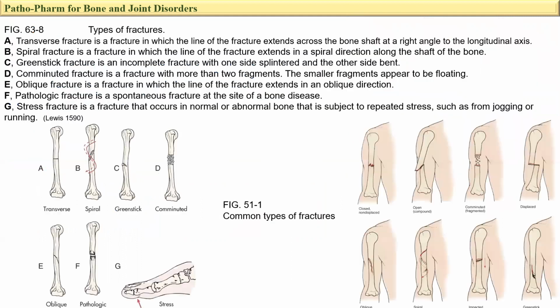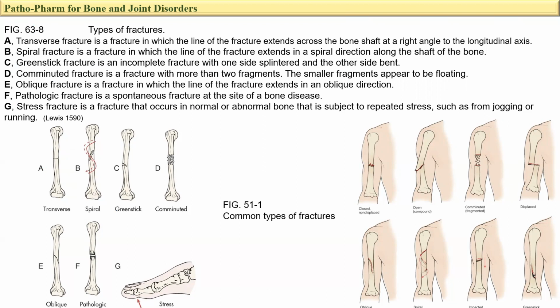So we have, for example, transverse fractures, spiral fractures, and greenstick fractures, which is a very thin layer of incomplete fracture that usually affects children. In pediatrics, trauma or falls result in incomplete fractures with one side splintered and the other side bent.